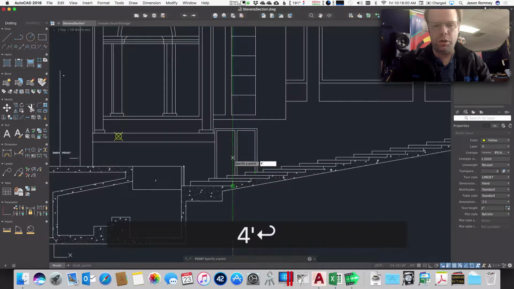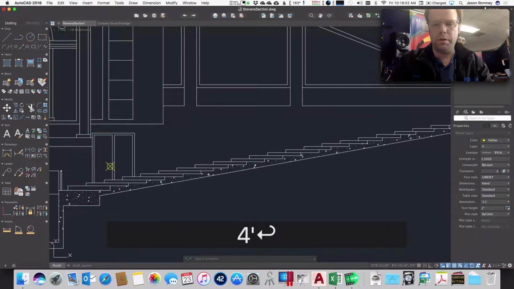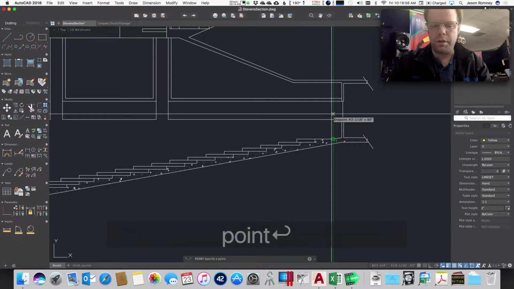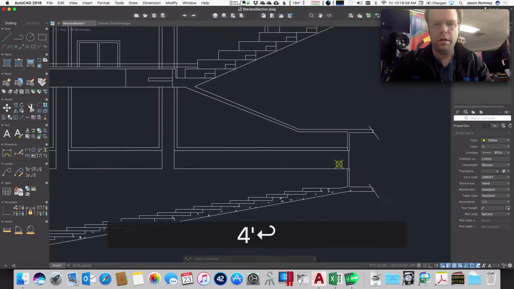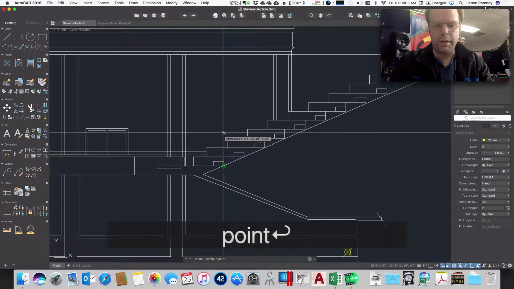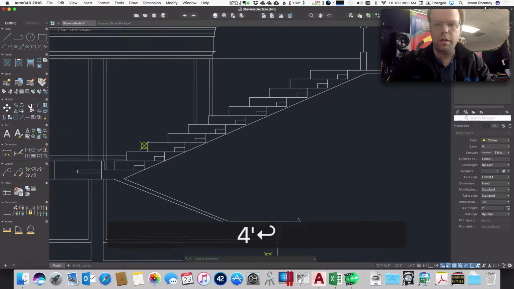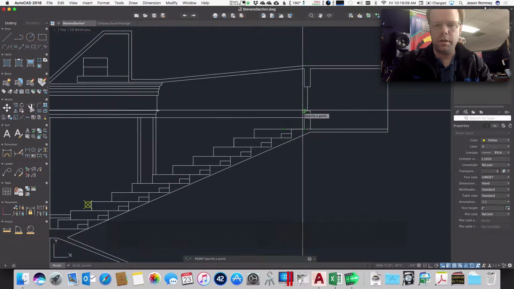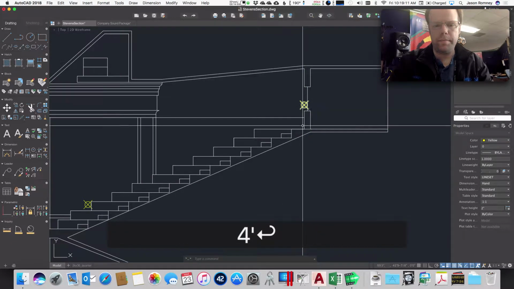So I'm going to put a little listener on the front row, and I'm going to put a little listener on the back row, and I'm going to do the same thing for the balcony. So front row balcony is going to get a person, and back row balcony is going to get a person.